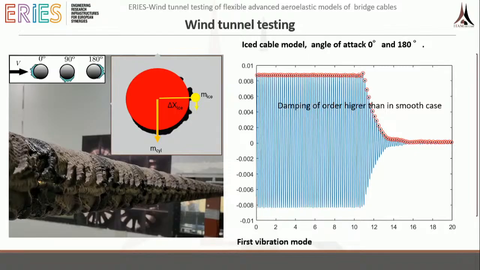It was about 0.02 critical ratio. However, when we put the ice cables in this direction, it causes rotation of this cable, and we measured the damping, which was an order higher than in the smooth case.